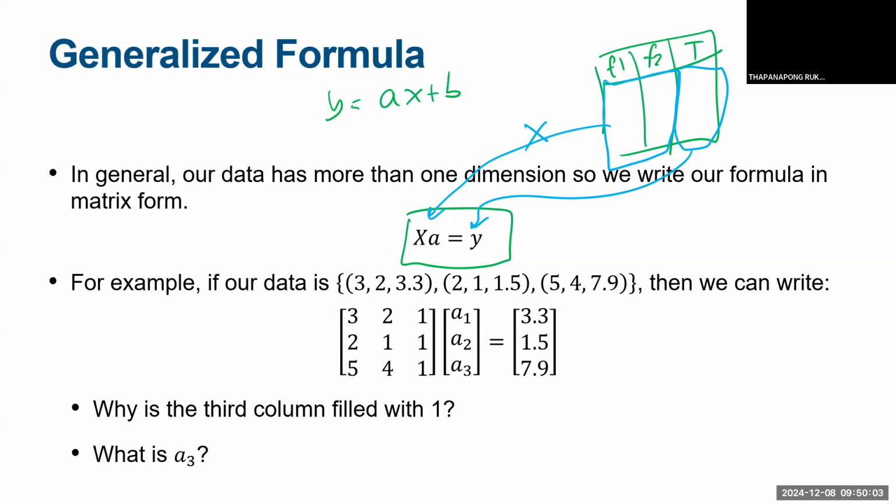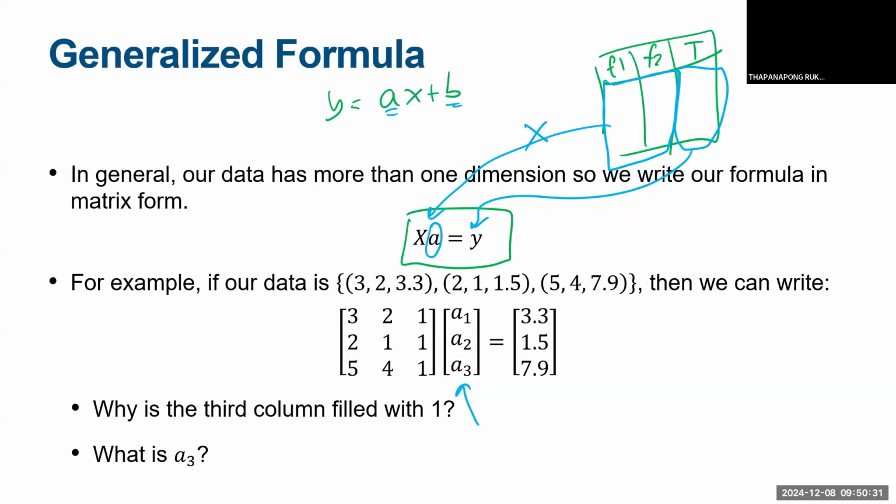And so what is here is basically the parameter of the model. In our case, we used to have A and B, right? So how many variables do we need for A? This A is going to be a vector of parameters.